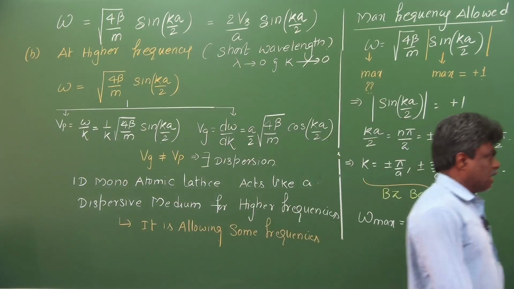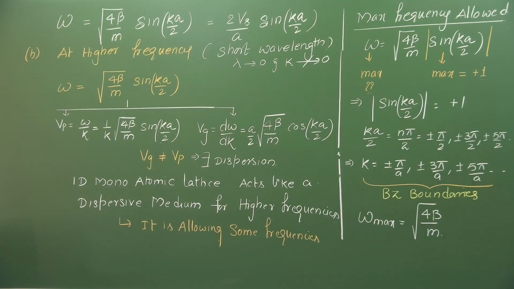Up to the zone boundary, it is allowing frequencies, and the maximum value exists at that zone boundary. Means something is happening at the zone boundary. What is happening? Let us discuss.